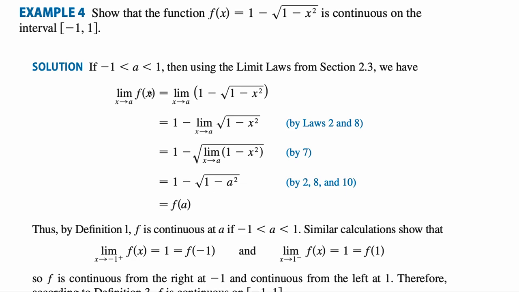If I plug in any point from -1 to 1, and the function is well defined there, then the limit and the function are the same. Therefore, this function is continuous everywhere in the interval, including at the endpoints. If I take the limit from the right side of -1 or the left side of +1, the limit and the function are the same, so therefore it's continuous everywhere.